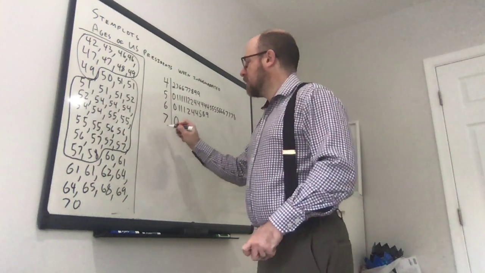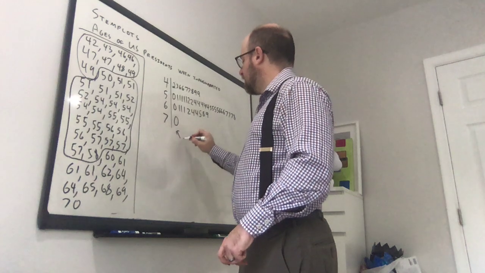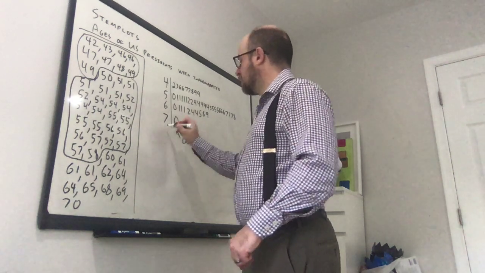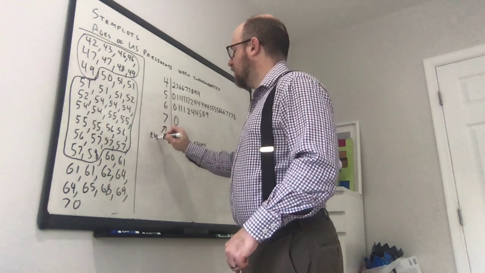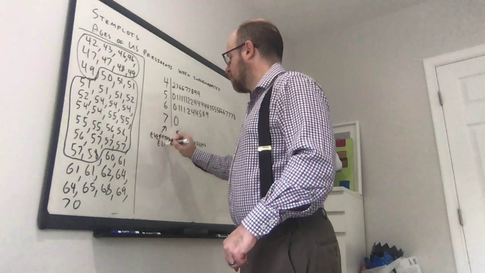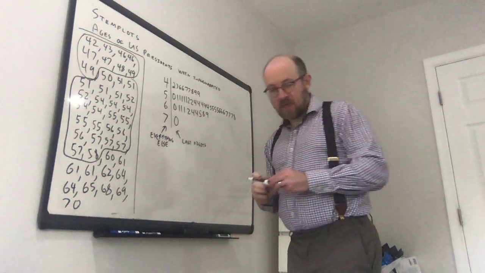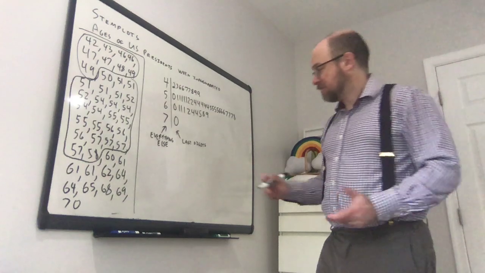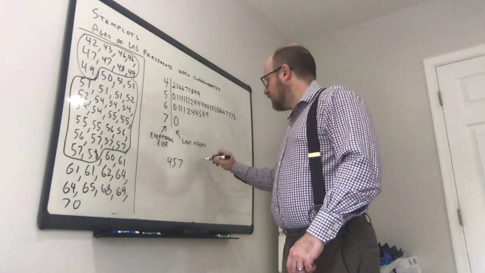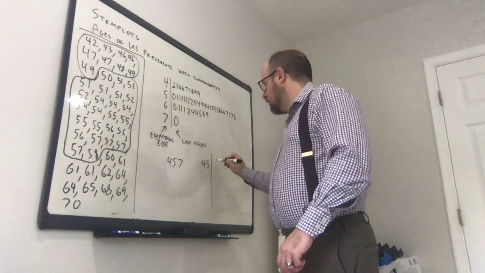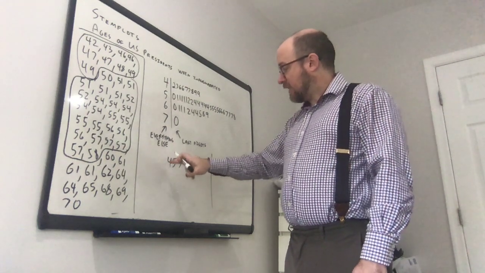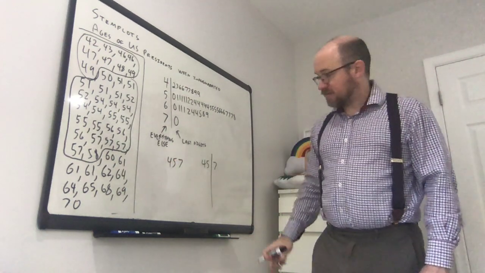The leaves are always the last digits of each number, and the stem is everything else. So if you had 3-digit numbers, like 457, in a stem and leaf plot you'd have a stem of 45 and a leaf of 7. Everything that's not the last digit goes into the stem.